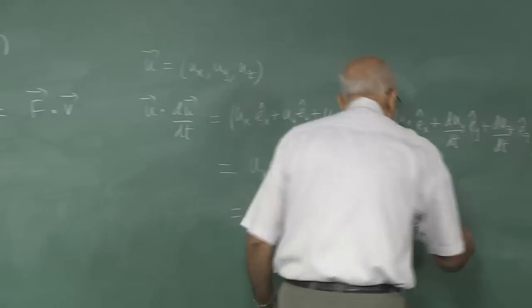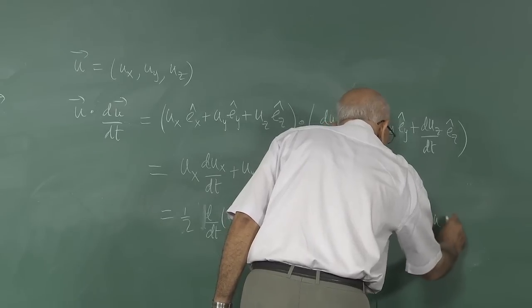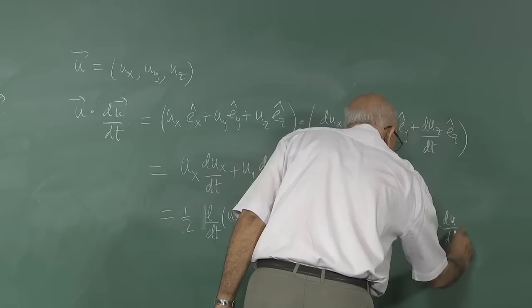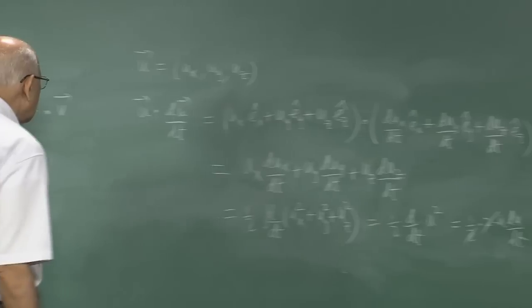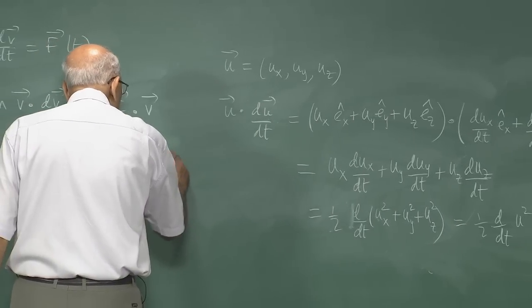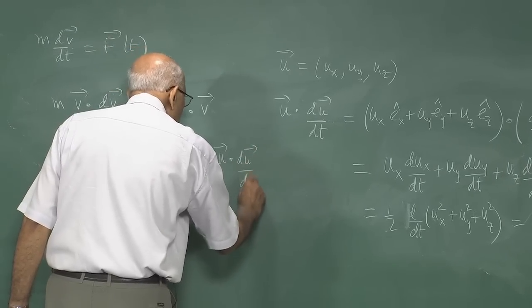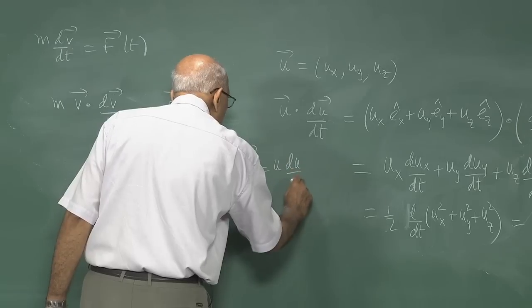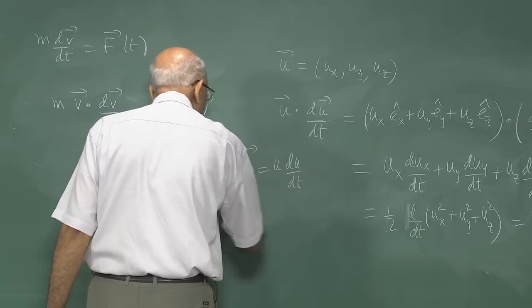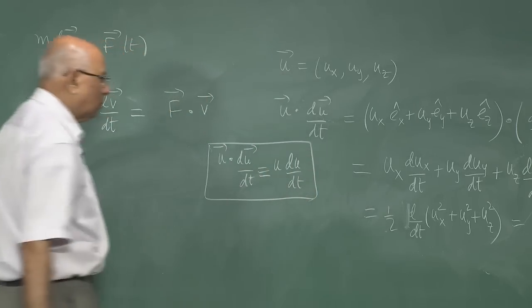So this is 1/2 d over dt of u squared, which is 1/2 times 2 times u du over dt, and the 2 cancels out. We are left with this identity which says that for any vector u which depends on time, u dot du over dt equals the magnitude of u times d over dt of the magnitude. This is identically true.